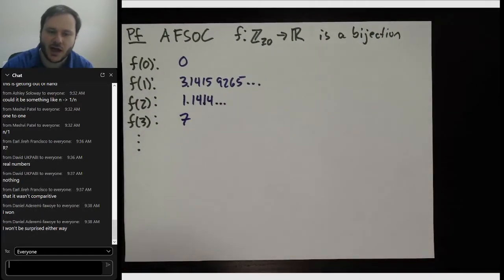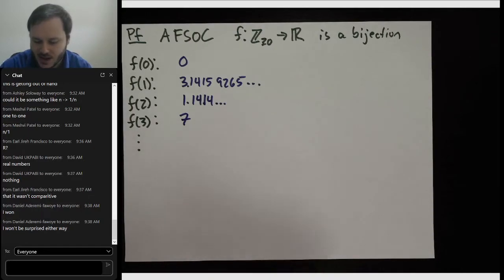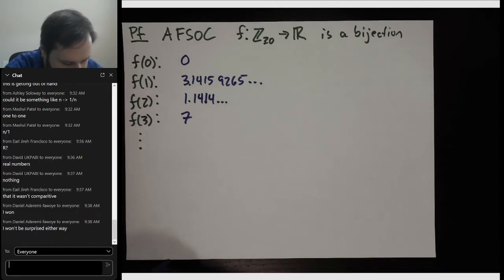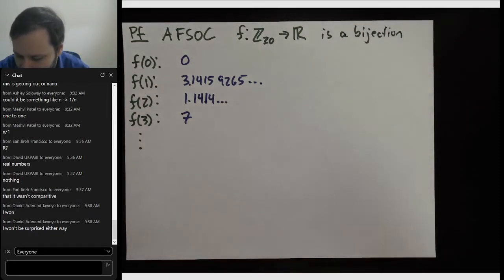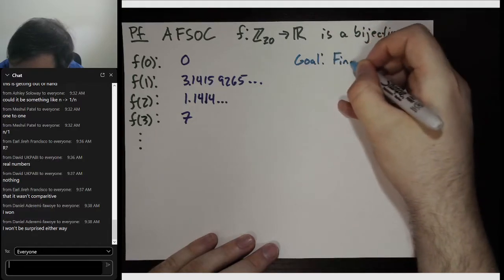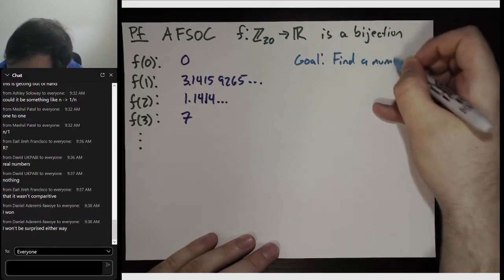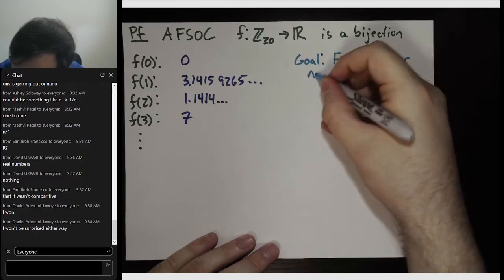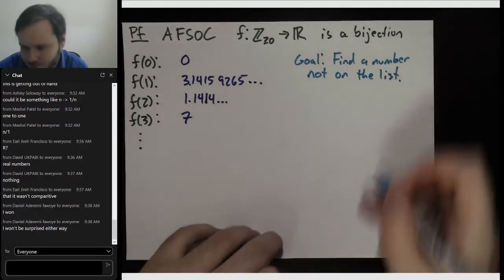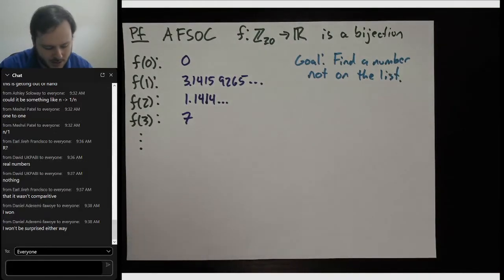Here's how I show f is not a bijection. I'm going to find a number that's not on the list. Okay, and here's how I do that.